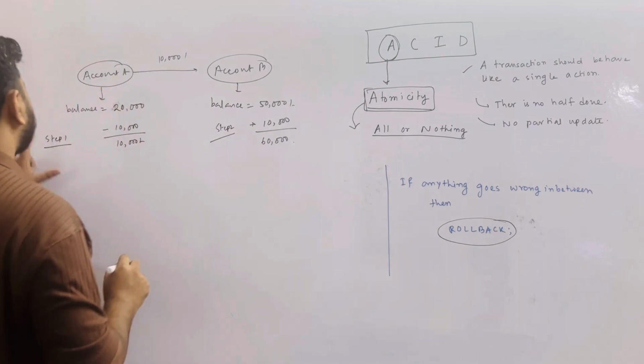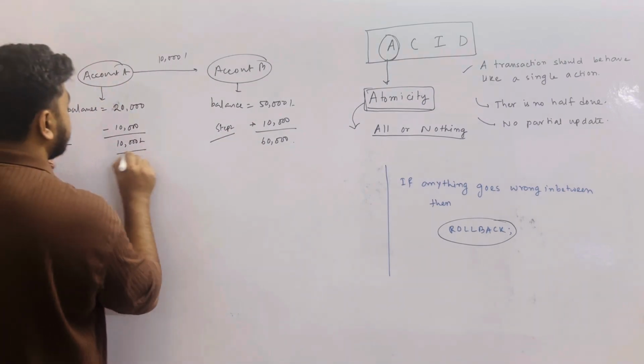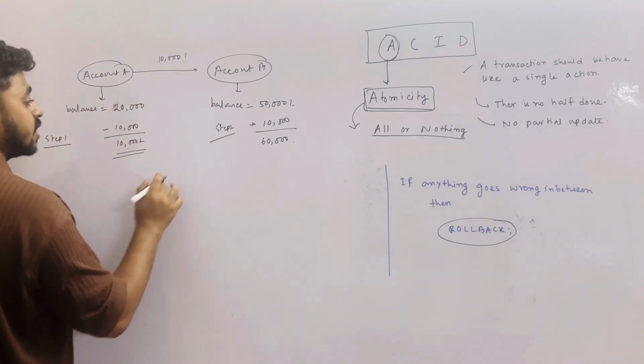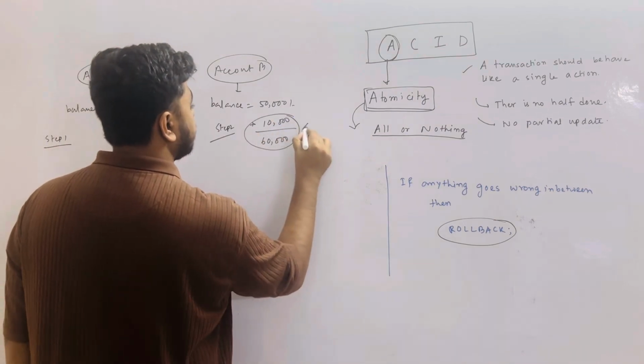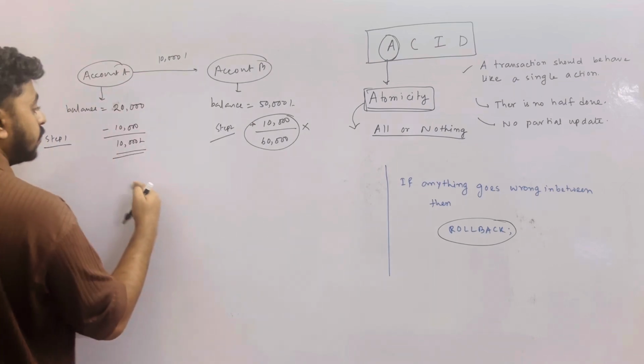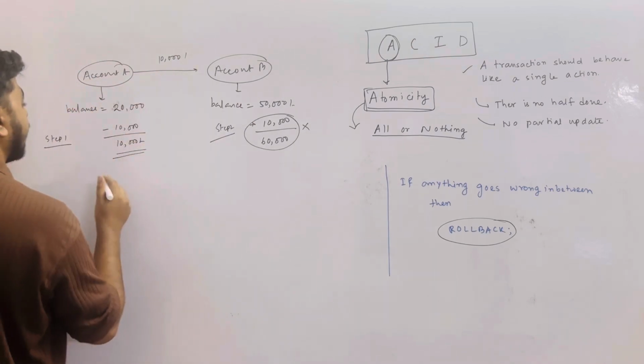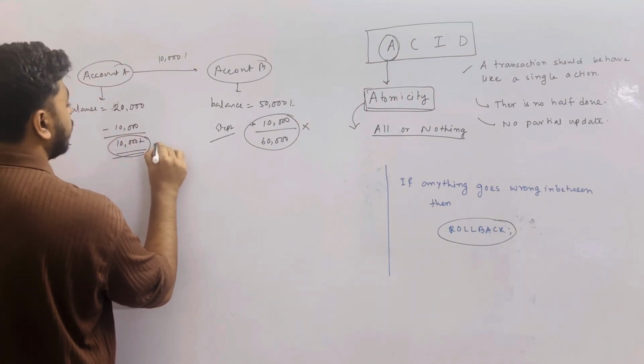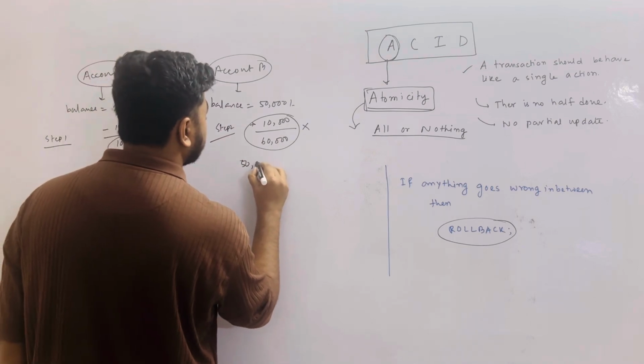Suppose step 1 got executed and the balance became 10,000 in account A, and in step 2, while adding this value, some error came. What will happen? If the rollback does not happen, account A will have 10,000 while account B will still have 50,000.